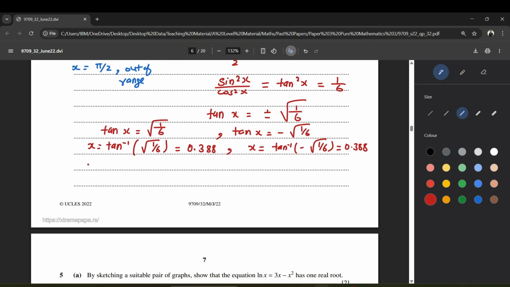So therefore we can say, since x is greater than 0, x is equal to 0.388 radians. Now make sure that you give this as final answer. Your statement should clearly show that you have rejected this solution. Is that clear? Because if you just leave your answer in this form, you're going to lose 1 mark because you're suggesting that both of these are solutions, whereas this one does not lie within the given interval.